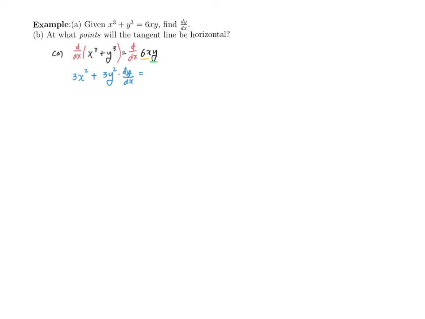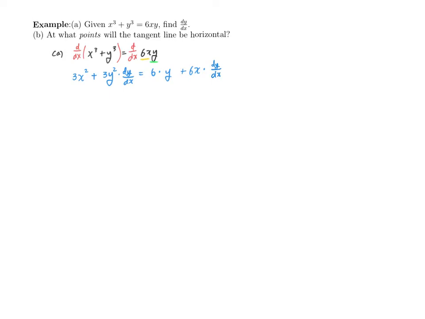So we take the derivative of the first, which would be 6, times the second, plus the first, 6x, times the derivative of the second. And when we differentiate y with respect to x, that's an implicit derivative, and you end up getting back exactly what you might expect, dy/dx.